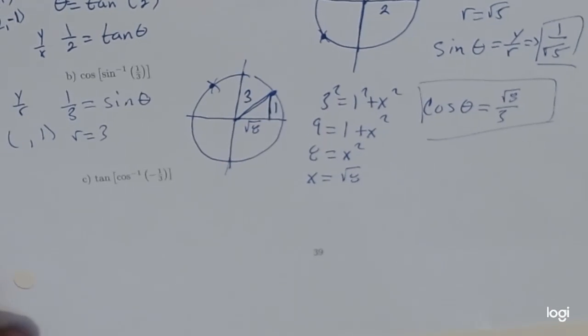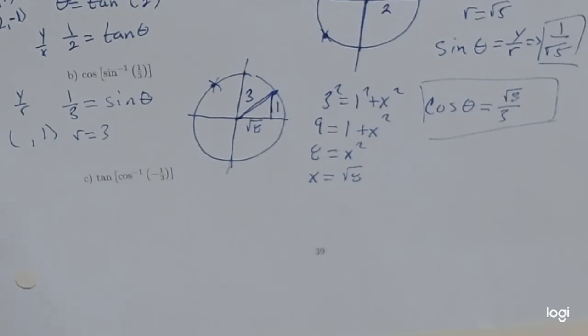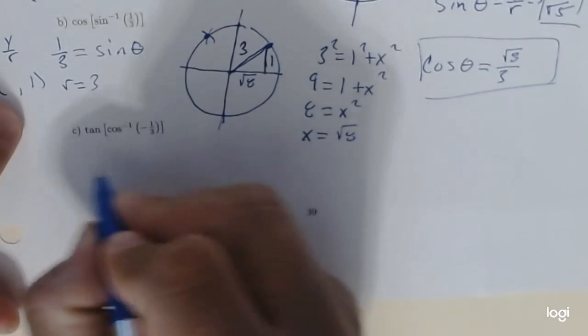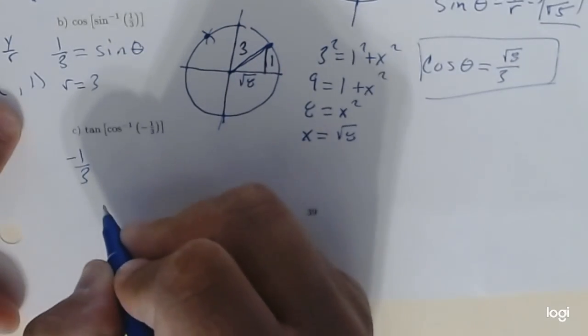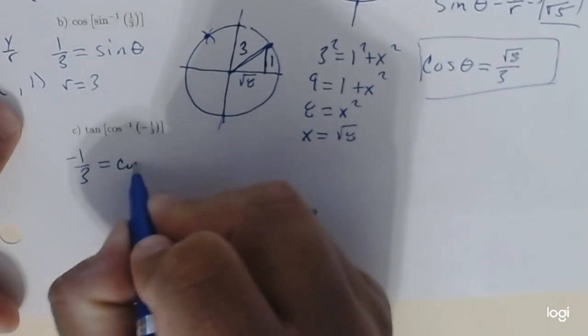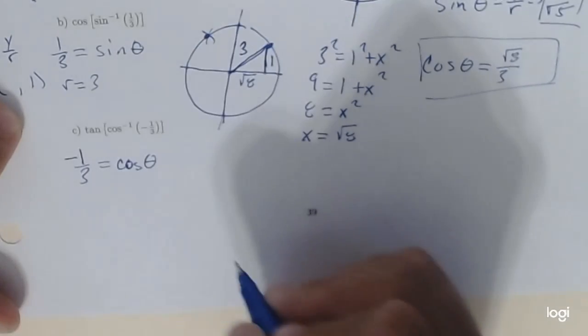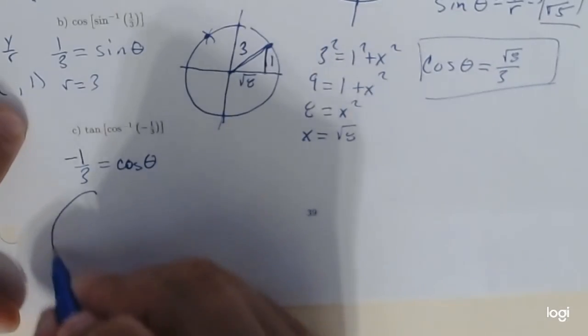Pretty easy once you get the hang of it, as long as you remember the stuff we did in the last sections. So we'll keep going with C. This is negative 1/3 is equal to cosine theta. So we go to the unit circle.